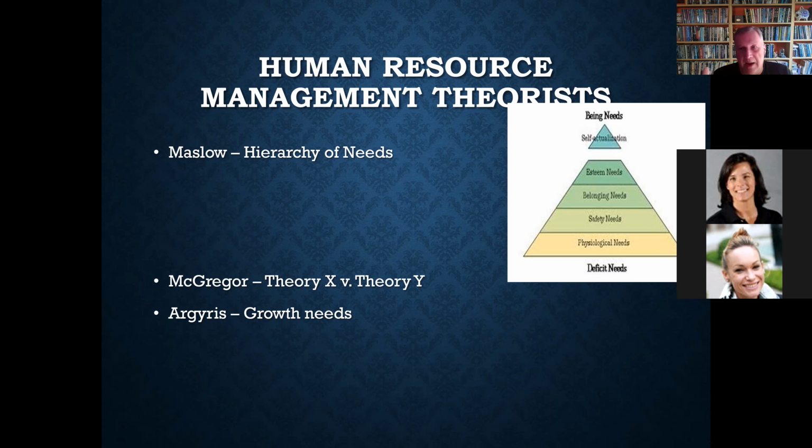As you can see in the triangle there on your screen, that pyramid, basically what Maslow says is that every human being has different types of needs, and these needs all fit into different levels in this pyramid. At the bottom level of the pyramid are what he calls the physiological needs. So needs for things like shelter and clothing and food and water.